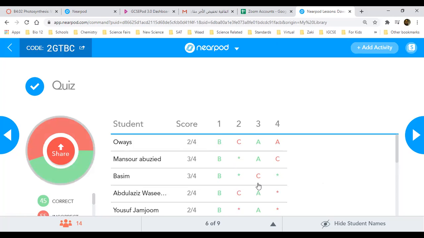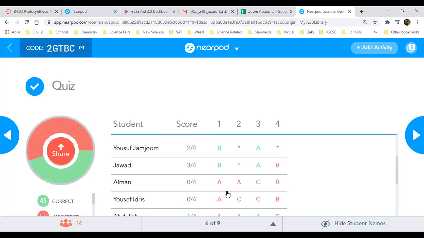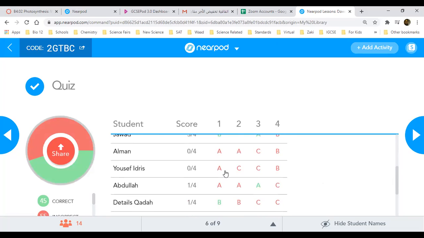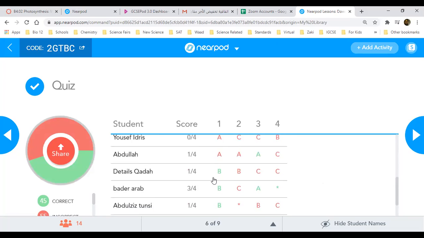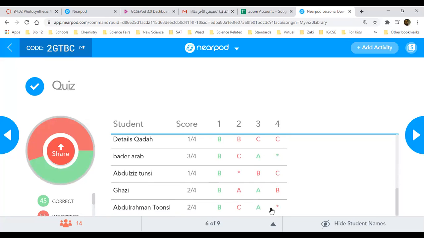Mansoor first and third. Basim the first one. Abdulaziz first and third. Yusuf first and third. Good. So most of you were able to answer first and third. And Abdullah got the third one. And okay, first and third, and first option, third. So, all right.